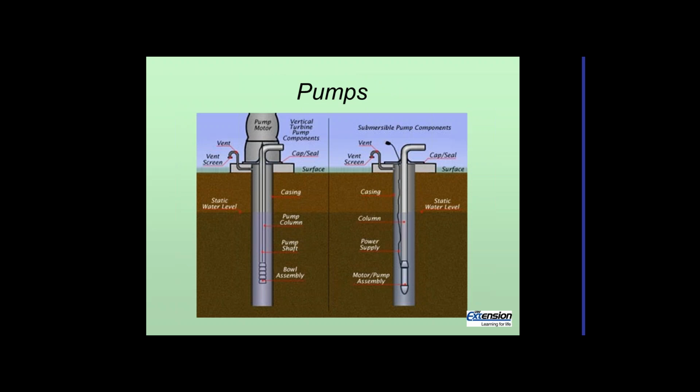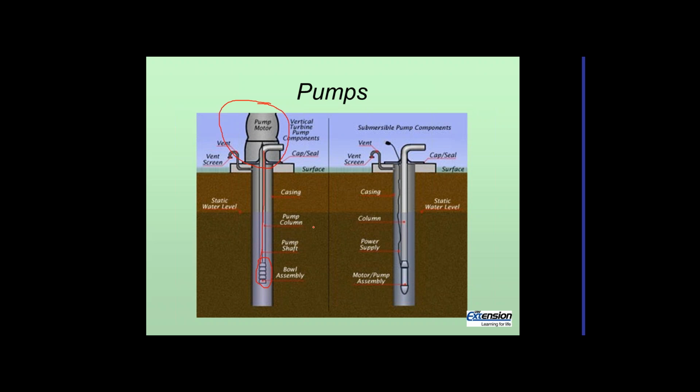There are basically two types of pumps used for irrigation. One is a vertical turbine pump. The motor is going to be up on the surface. It's going to have a shaft that runs down to a set of bowls where the impellers are that put work on the water, and then it's going to lift it up.